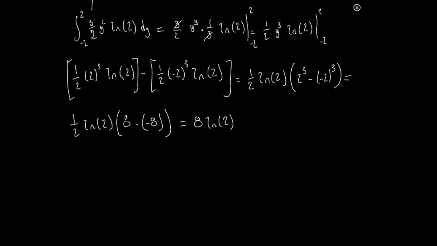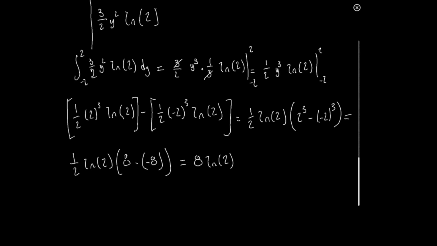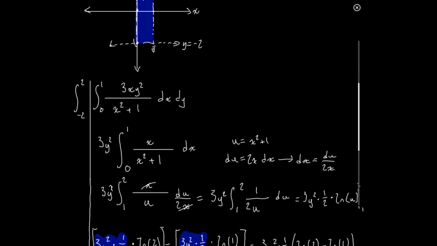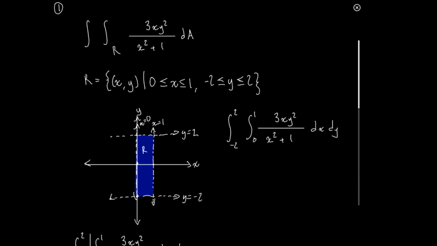All right, so just to go over what we did here from the beginning, we were given an equation and said that we had a double integral of that equation over a region with respect to area.